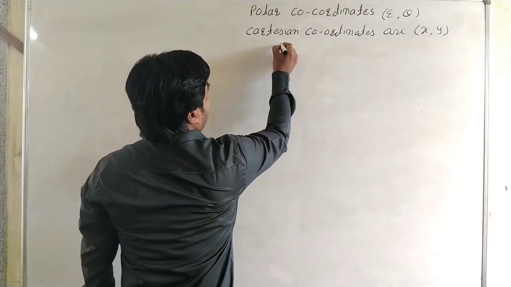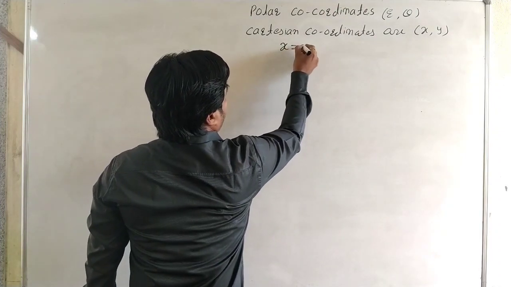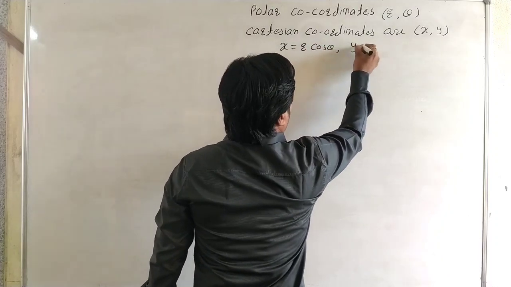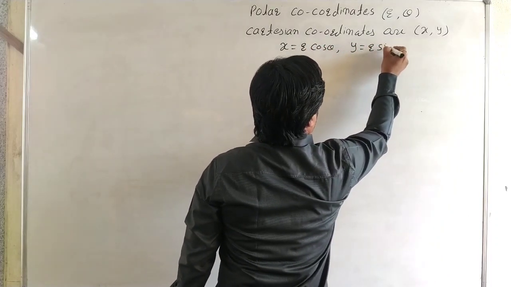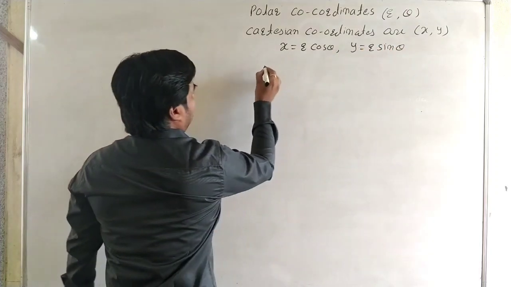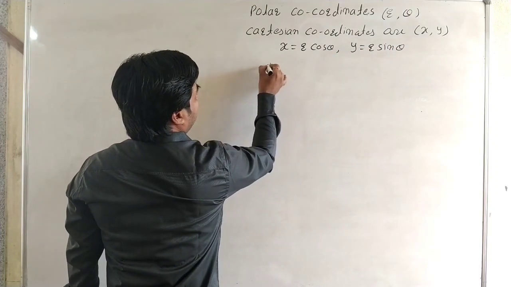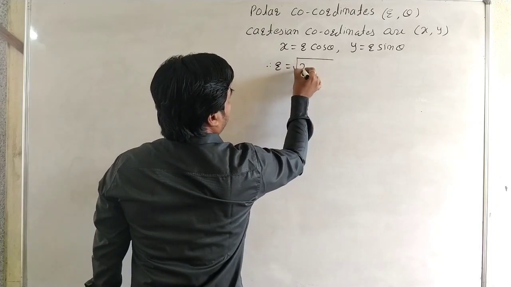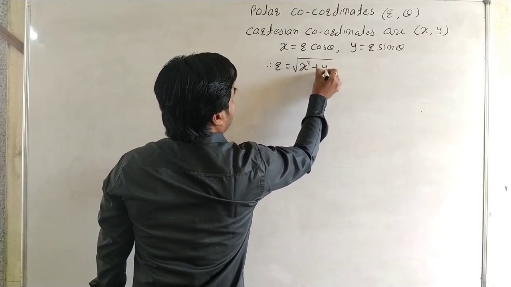Here x is equal to r cos theta and y is equal to r sin theta, and r is equal to under root of x square plus y square.